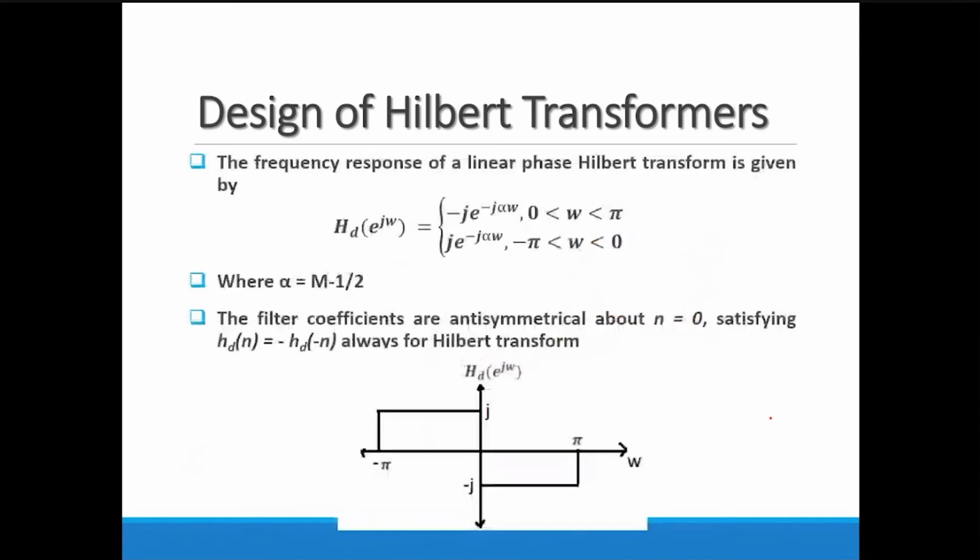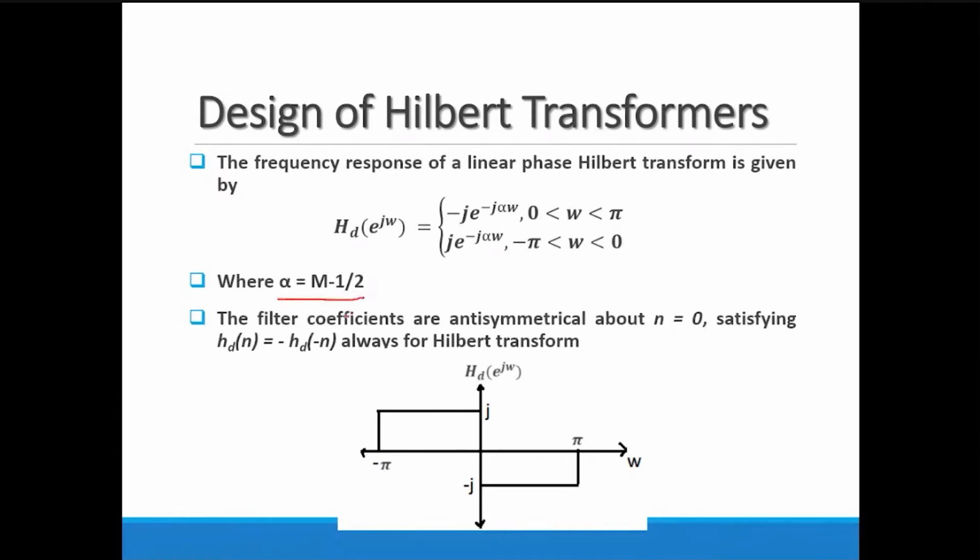The frequency response of a linear phase Hilbert transform is given by Hd(e^jω) is equal to minus j e^minus jαω for 0 to pi, and j e^minus jαω for minus pi to 0. Here we have to calculate this alpha, which is (M minus 1) by 2.